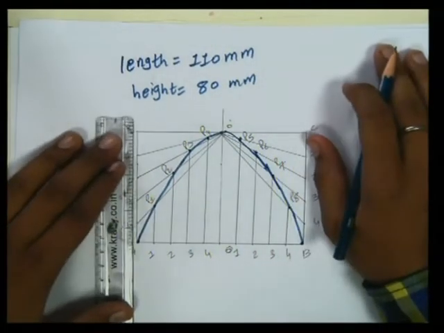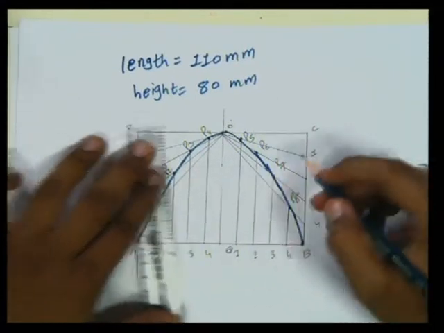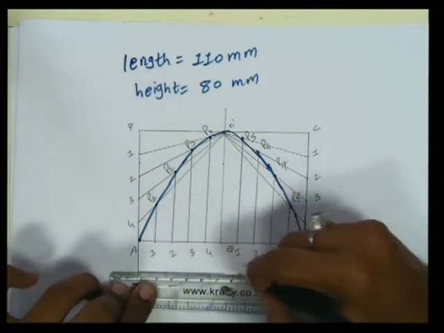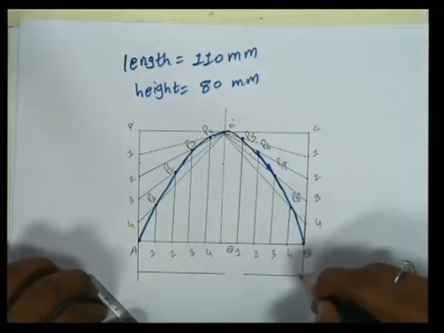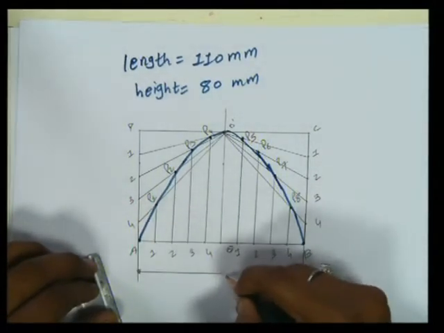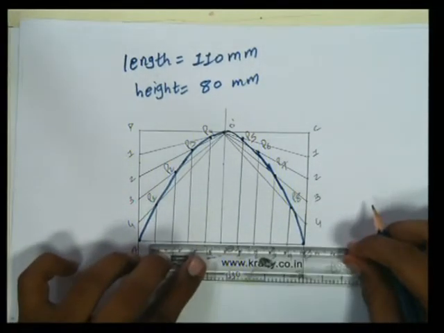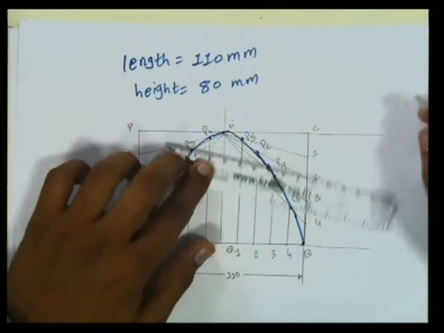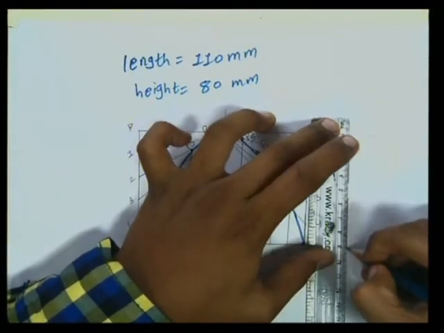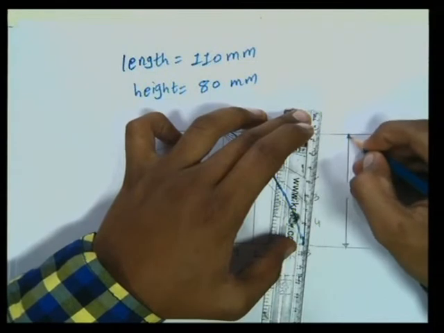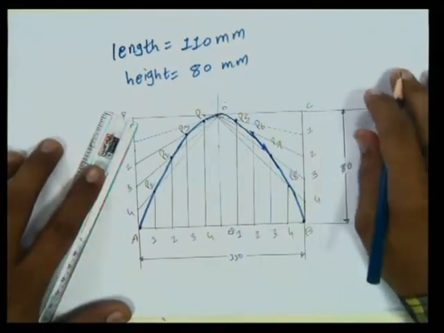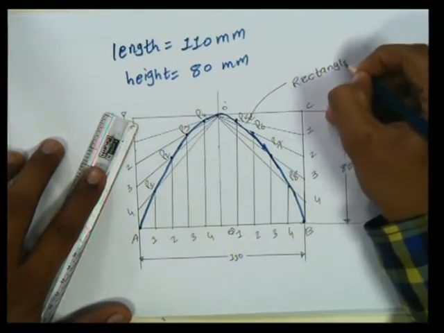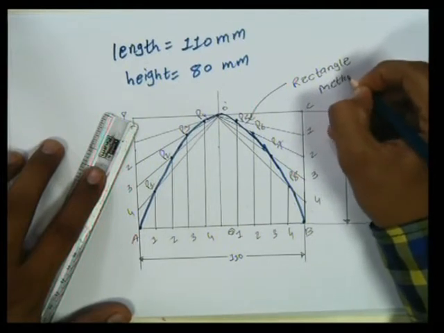Giving the dimensions as well: length is 110 mm and this height would be 80 mm. We'll write down that this drawing has been done using the rectangle method.